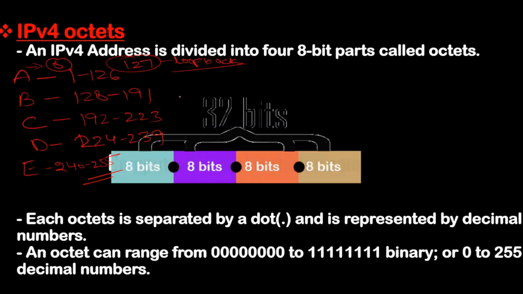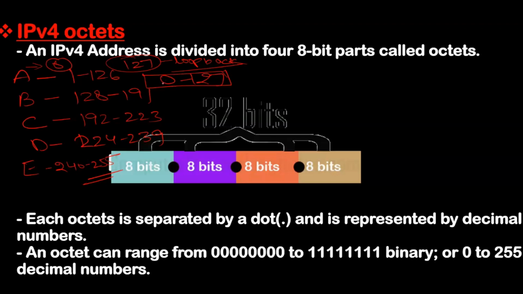I will tell you about that in brief. In some books it is 1 to 127, in some books 0 to 127. So 127 is reserved for loopback. Can anyone tell me what loopback means? Then we will discuss zero.